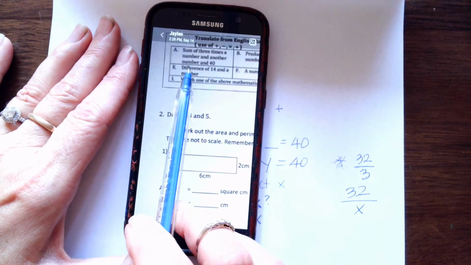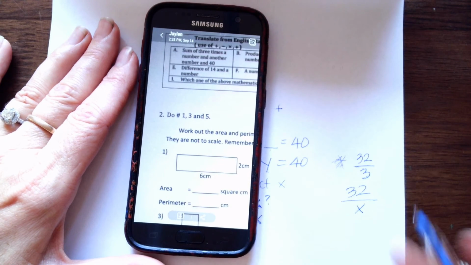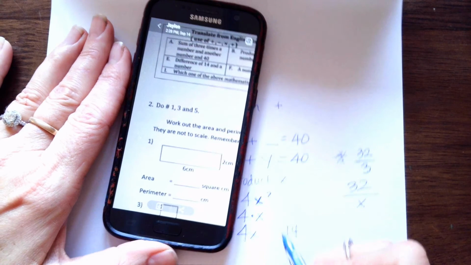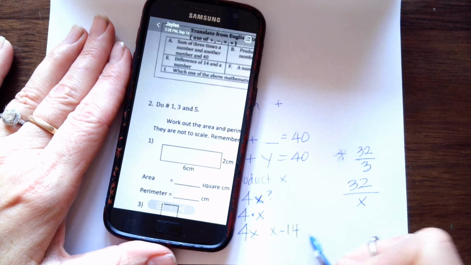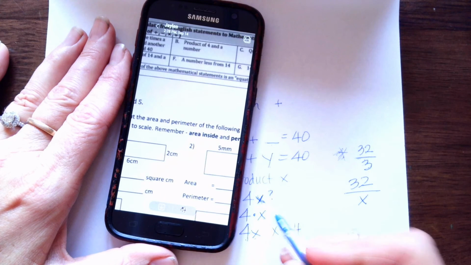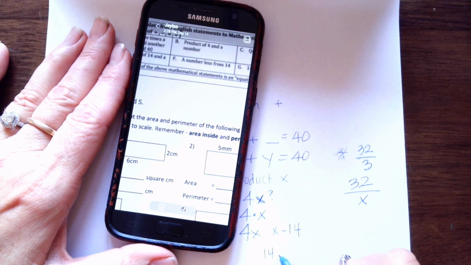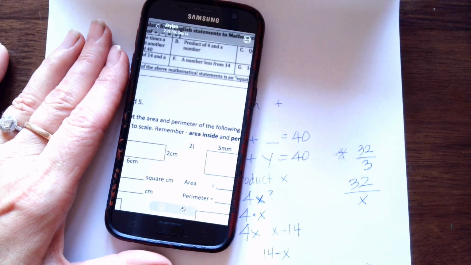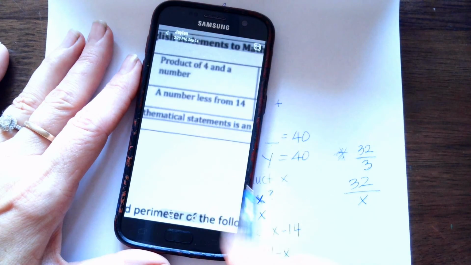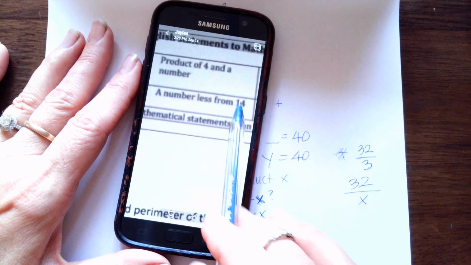The next one is the difference of 14 and a number. So the difference means subtraction. So we have 14 and a number. So 14 minus x. We don't know what this number is. A number less from 14 means we have 14 minus x. 14 comes first because it's saying that there's a number and you're taking it away from 14.